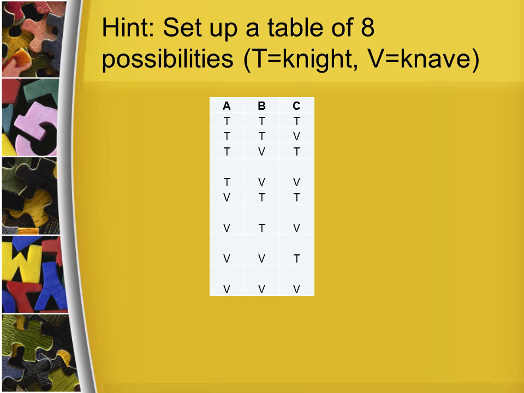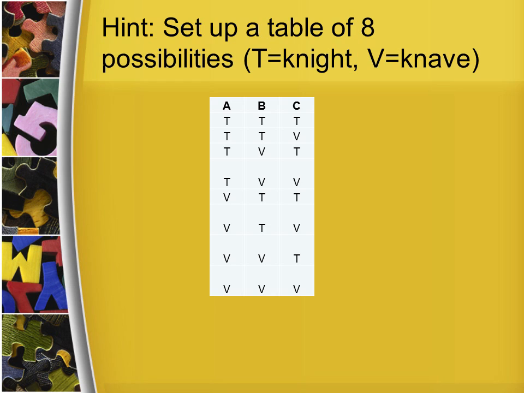You could have A being a knight, B being a knight, and C also being a knight. So that's one row of the possibilities, and then you could have TTV, TVT, TVV, VTT, VTV, VVT, and VVV.